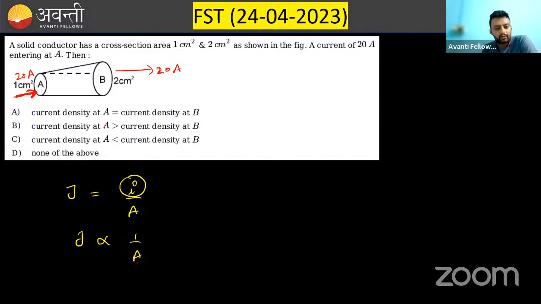If J is reciprocal to A, that means the lesser the area, the higher the current density. So current density at A is greater than current density at B. This is option number B. This is the correct option. All other options are wrong.